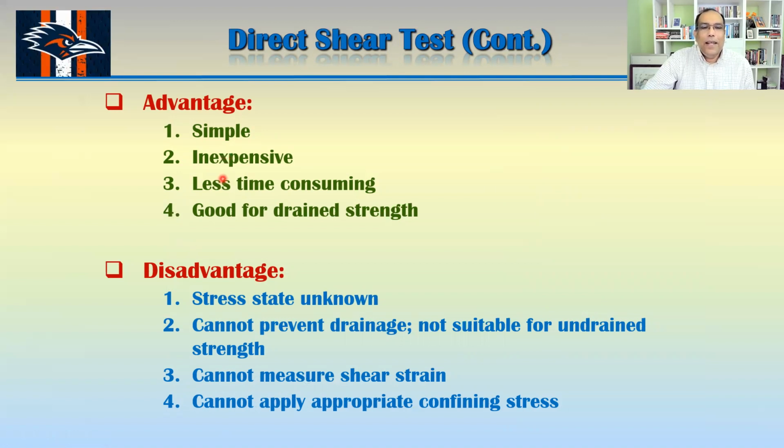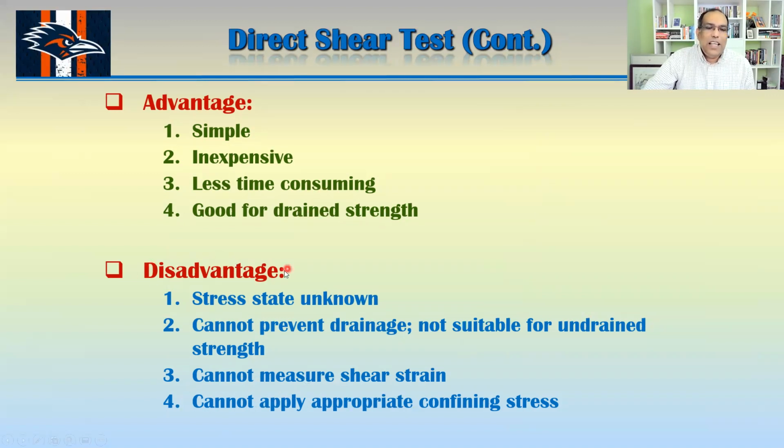Less time consuming: you can do it in maybe a couple of hours. And good for drained strength means when the soil drains easily, then this is the best method. So it's kind of the best method for, let's say, sand and silty types of soil.